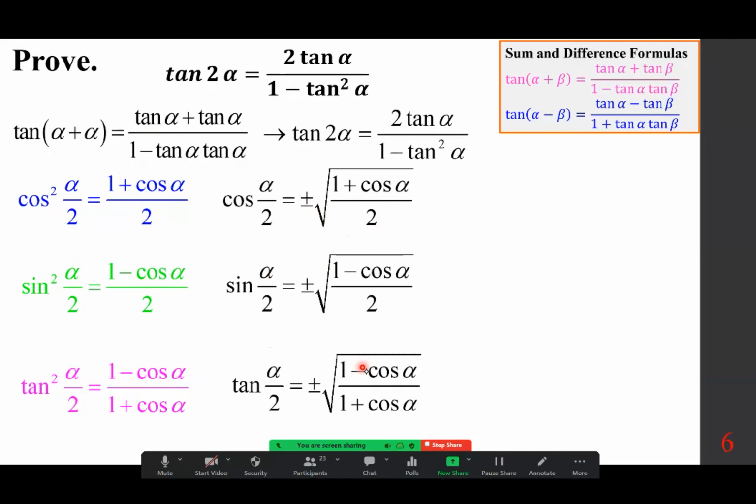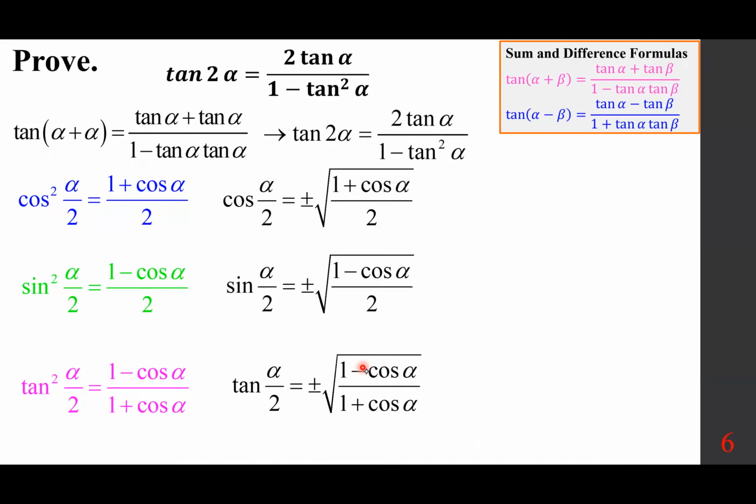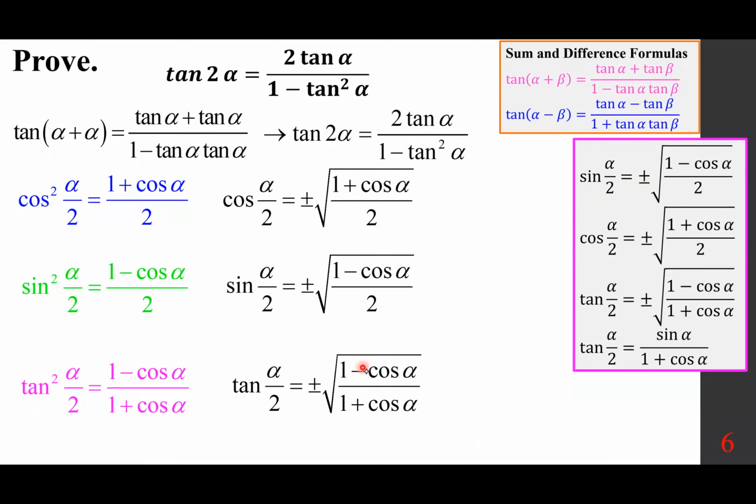As far as plus minus is concerned, based on the quadrant, you make a decision if it's positive or negative. And therefore, it gives rise to those equations that you see.